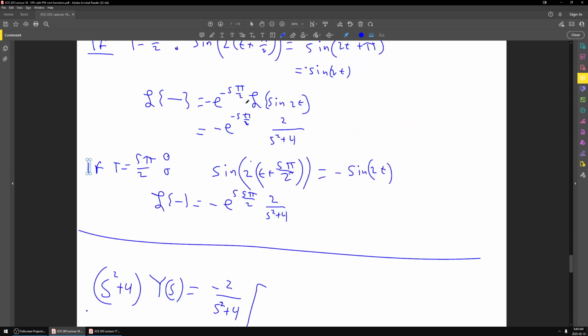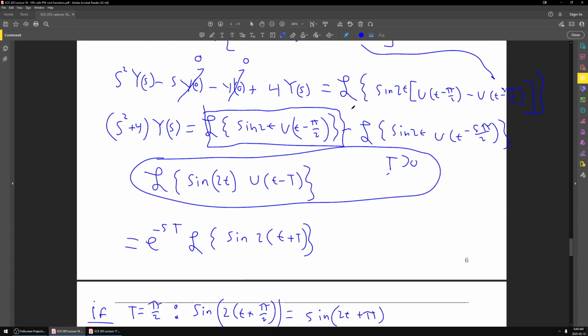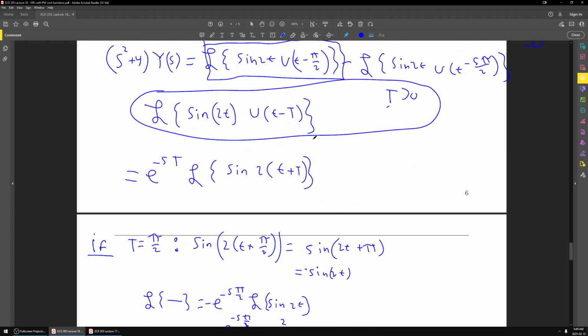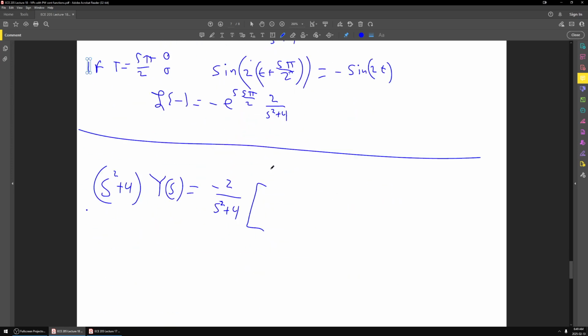This one has a negative, that one has a negative. Here I'm taking this one minus that one, so I get e to the negative pi s over 2 minus e to the negative 5 pi s over 2. Just by symmetry of the problem, they're both still going to be these nice sine waves.